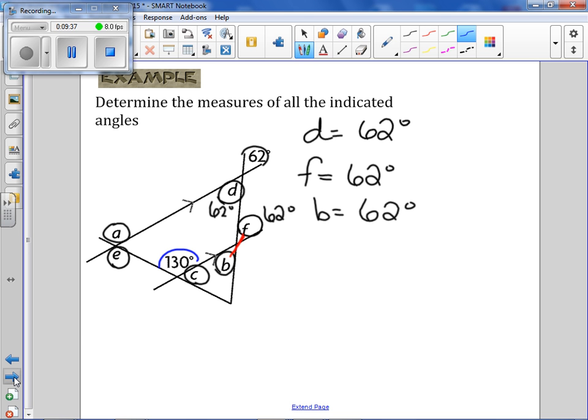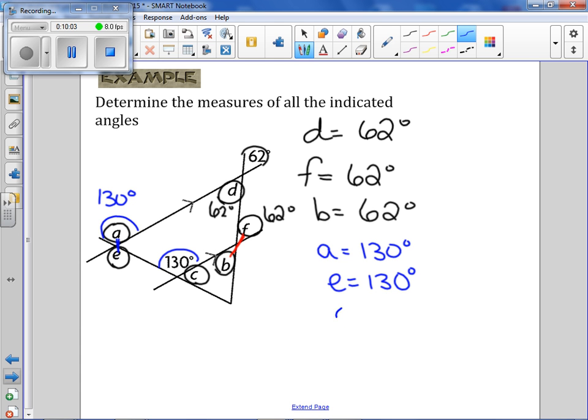So the one that I might do first is A. I know that 130 and A correspond, so A is 130 degrees. Now I see A and E are across from each other. That means that E has to be 130 as well because they're vertically opposite.